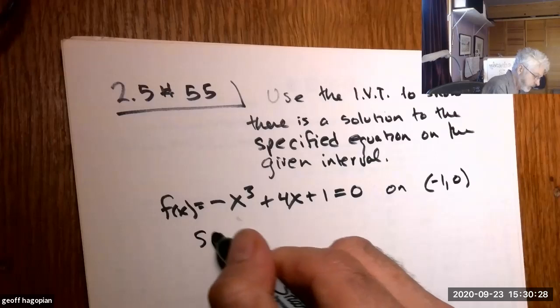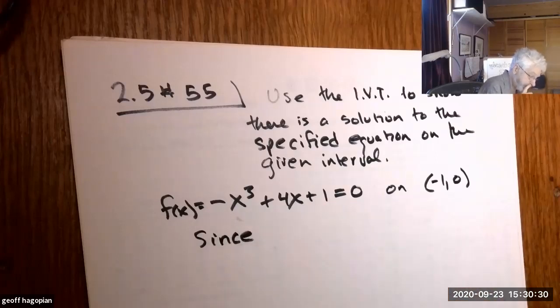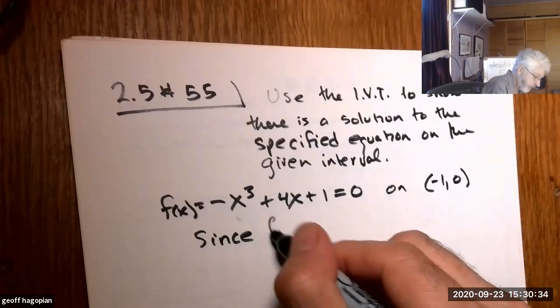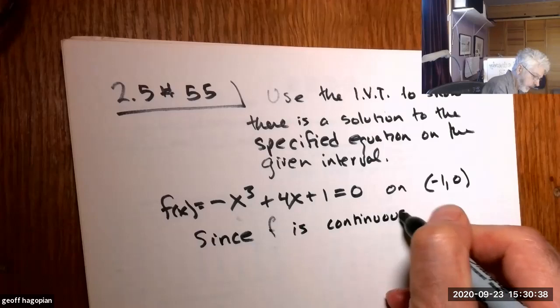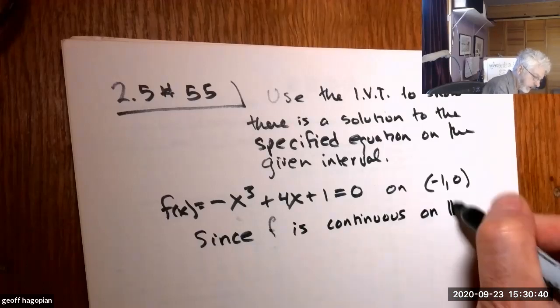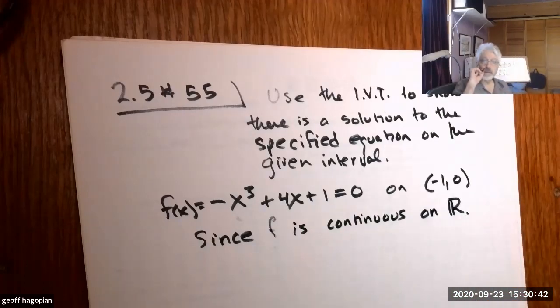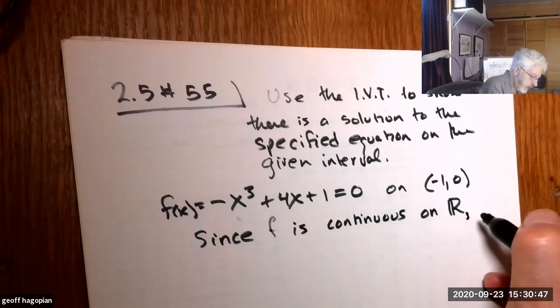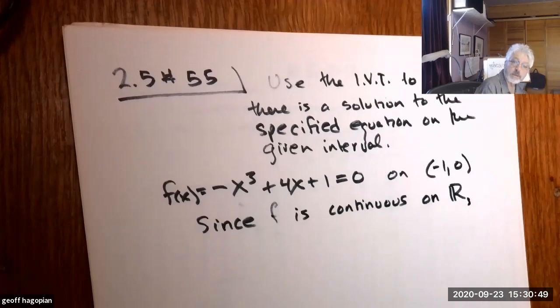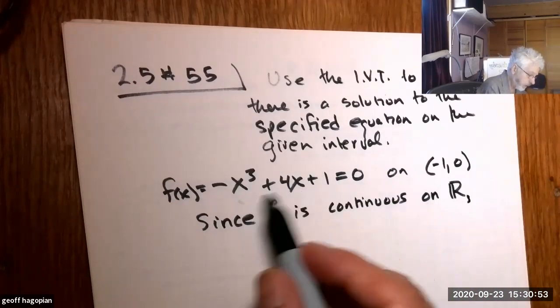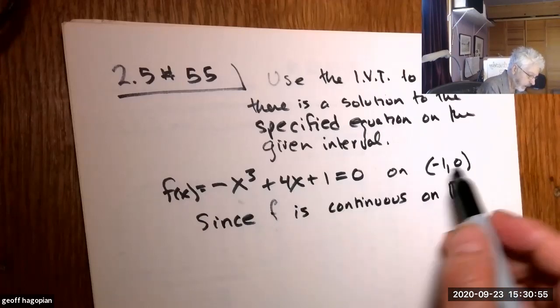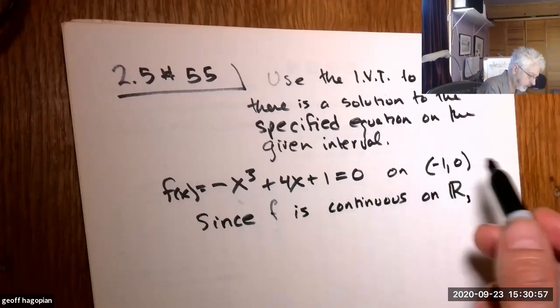Since f is continuous everywhere, on the set of real numbers, that's the symbol for the set of real numbers, we need to find a value where the output is negative on this interval and a value where the output is positive.